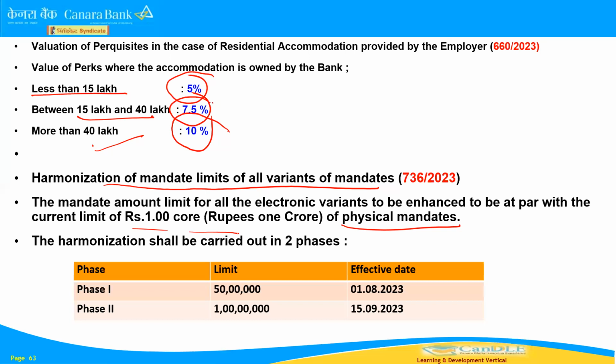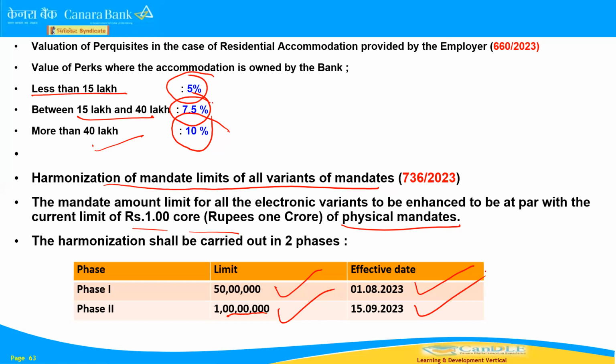Now the government or RBI, whoever the authority is, wants to make it equal. So they said in phase 1, we will do 50 lakhs by 1st August, and 1 crore by 15th September 2023. So physical mandate and electronic mandate will become equal by 15th September 2023.